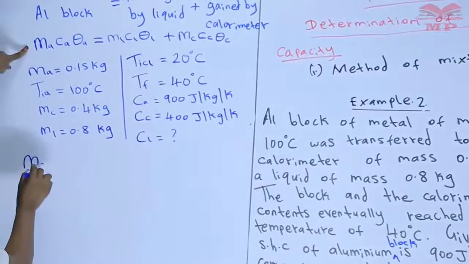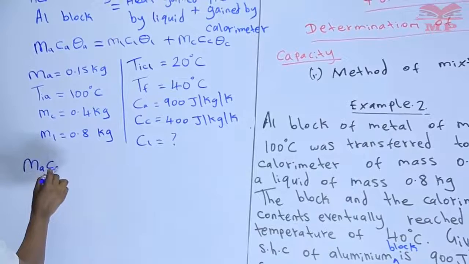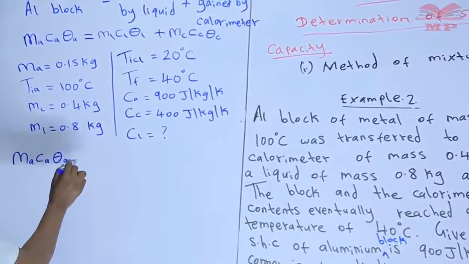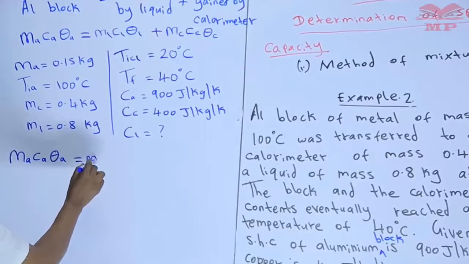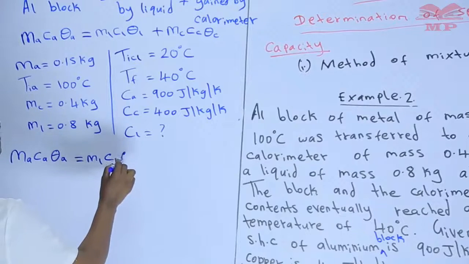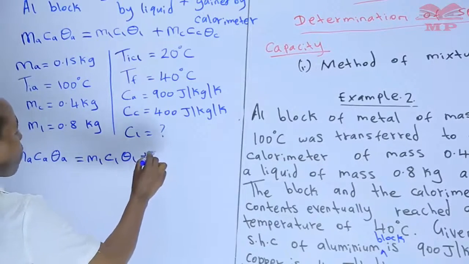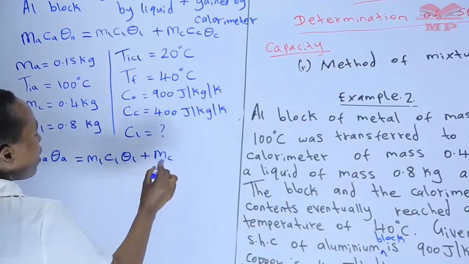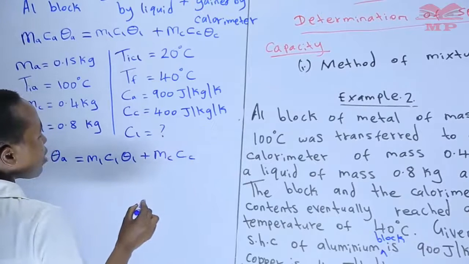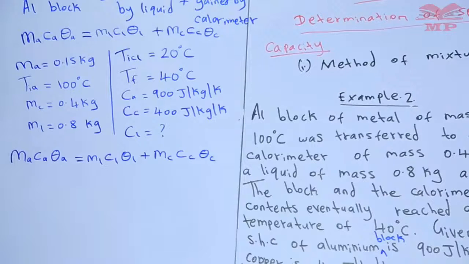Mass of the aluminium times the specific heat capacity for aluminium multiplied by the change in temperature for aluminium is equal to mass of the liquid times specific heat capacity of the liquid times the change in temperature for the liquid, plus the mass of the calorimeter, which is a copper calorimeter, times the specific heat capacity of copper times the change in temperature for that calorimeter.